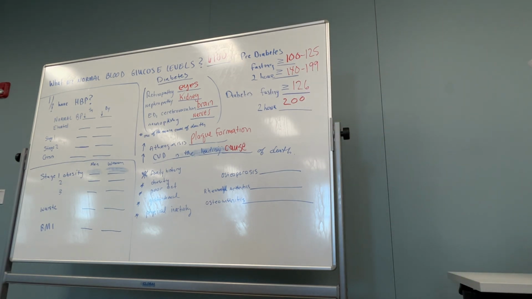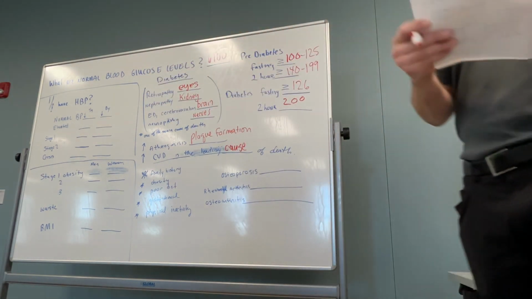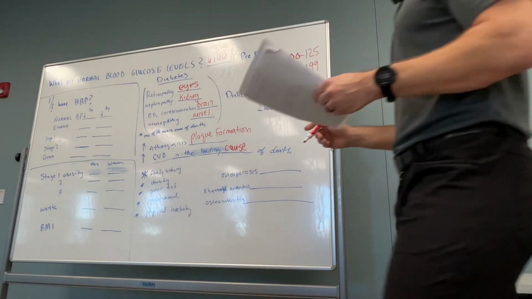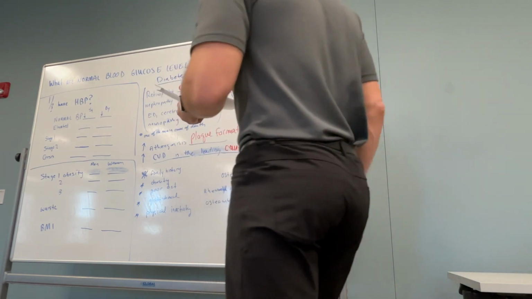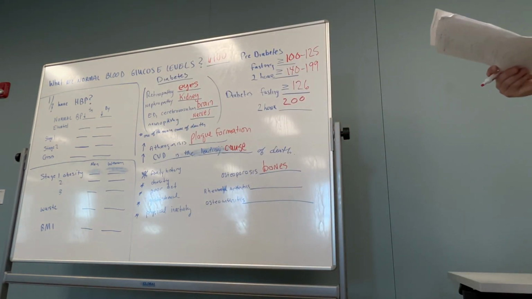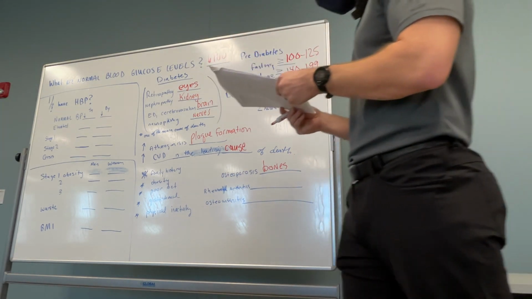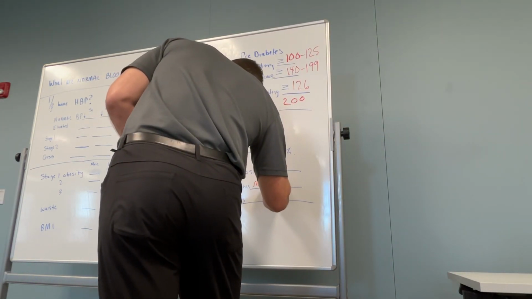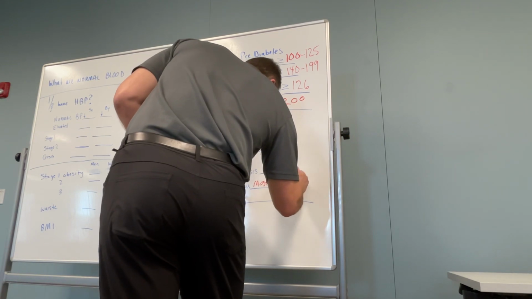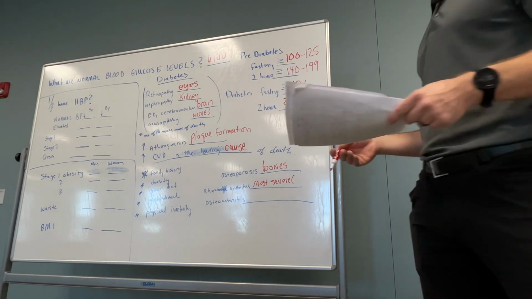Osteoporosis. What do you think that affects? Bones. Okay, what do you think it mainly impacts, your bones or your joints? Bones. Okay, so osteoporosis is degenerative in the bones. What about rheumatoid arthritis? What do you think that is? Joints. Okay, this is the most severe out of all of them that you need to know. It mainly affects, where do you think it affects? Your wrists, fingers, hands, feet, ankles.